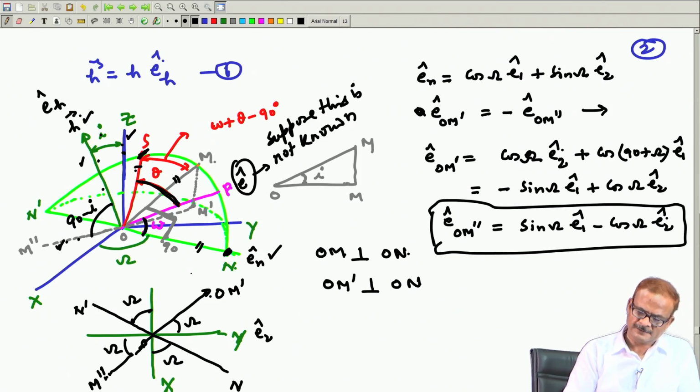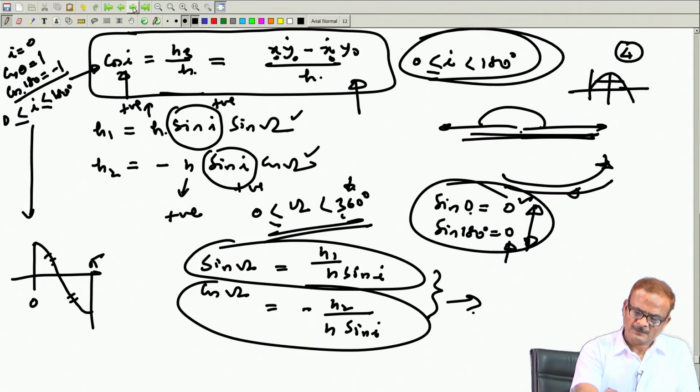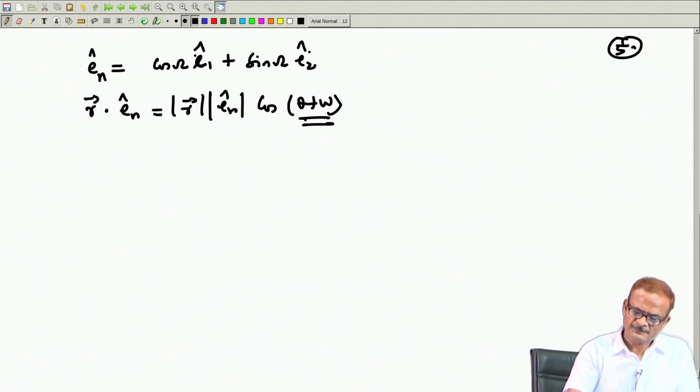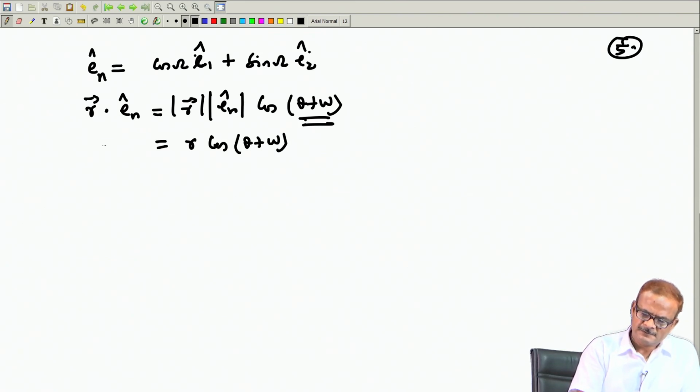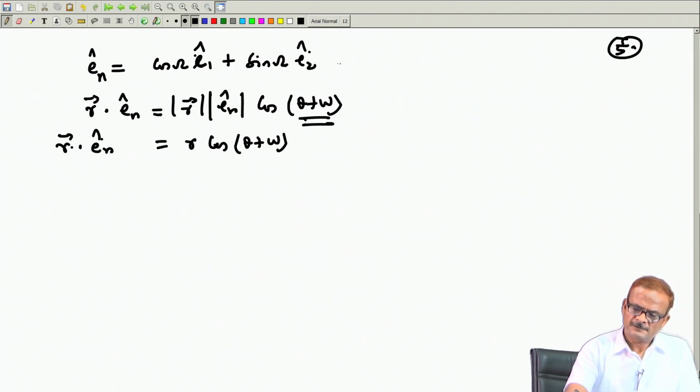So, omega plus theta is the angle between this vector and this vector. So, here we have written this. This gets reduced to r cos theta plus omega, which is r dot E n cap, and we know the E n vector and r vector also, and therefore, we will be able to solve it.